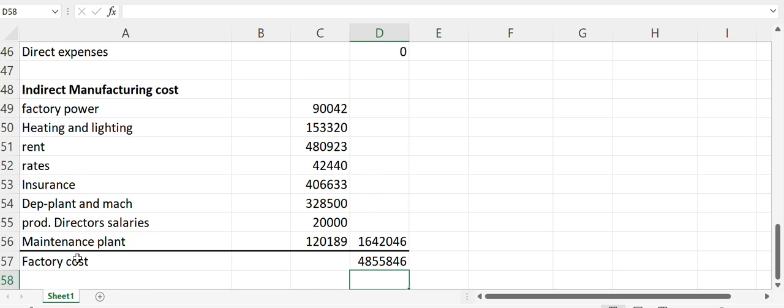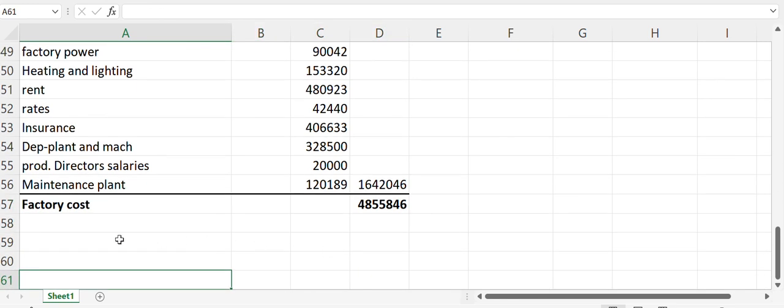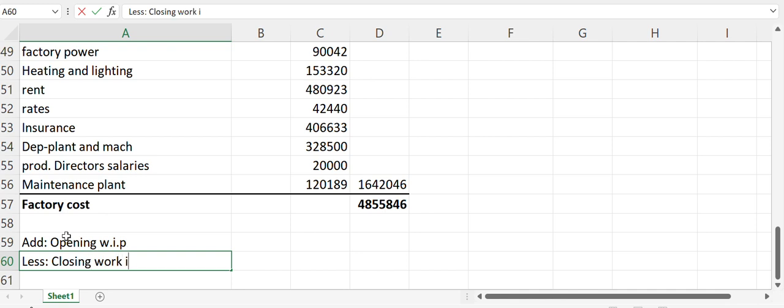So to get the cost of completed goods, you need to add opening work in progress, then you less closing work in progress.